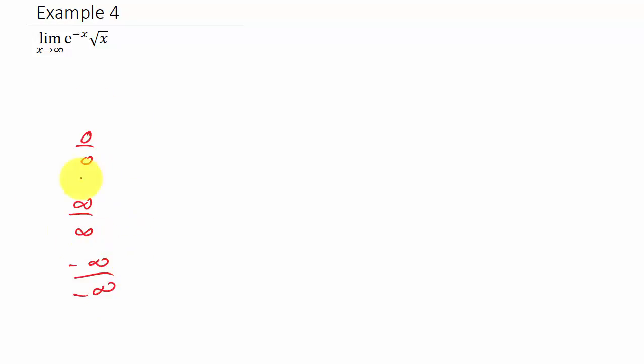We know this is equal to the limit as x goes to infinity of square root of x over, and remember that's over 1, so if we move this down it changes the sign of the exponent, so that's e to the x. Now as x goes to infinity, you can see the numerator is going to infinity, the denominator is going to infinity, so we have infinity over infinity. So now we can use L'Hopital's rule.